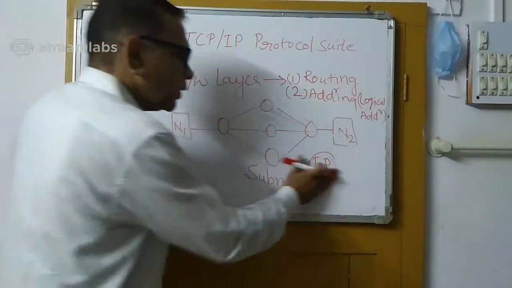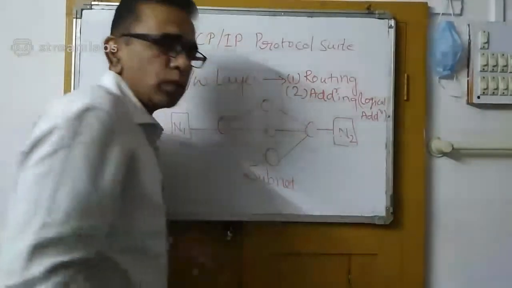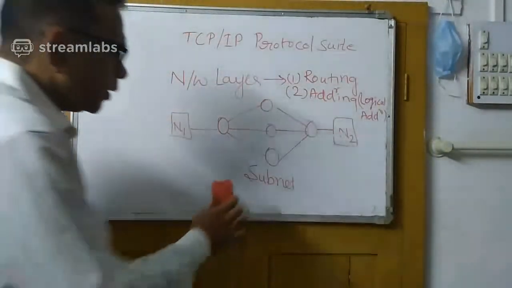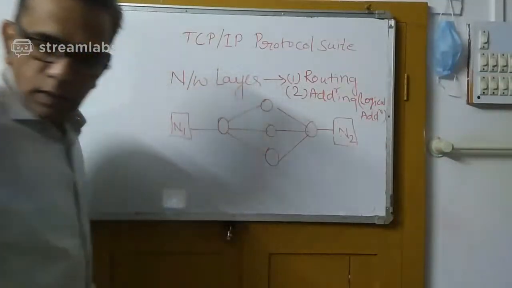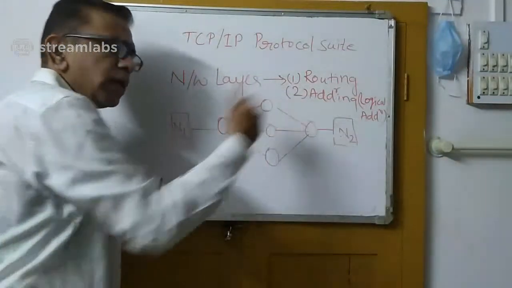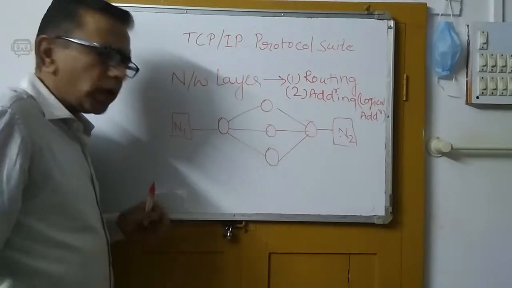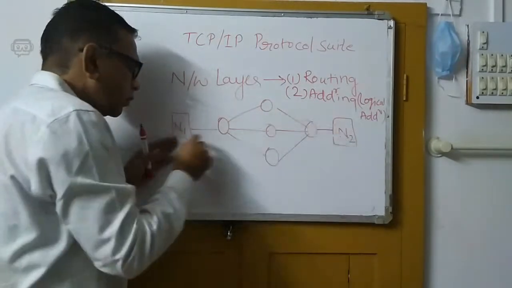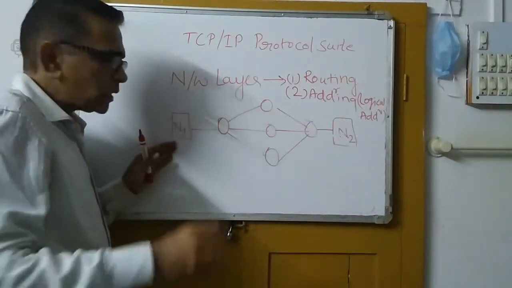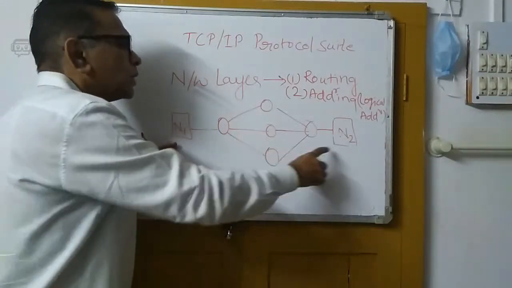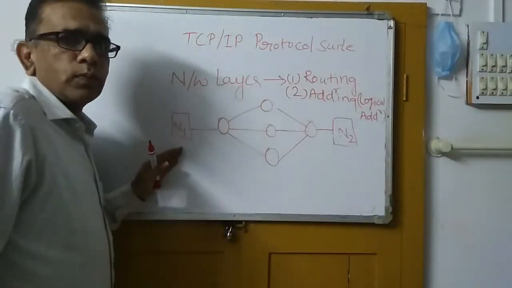That is the condition. So assume that it knows the IP address of N2. Once it knows it, with the help of that IP address it will decide which path to use to reach N2.